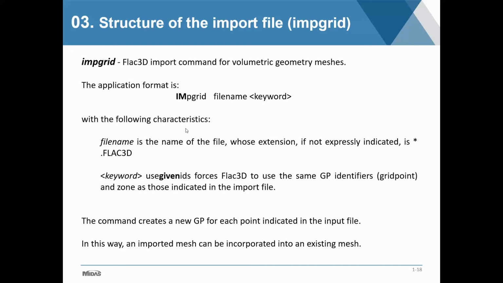The file name will have the extension .flac3d, and then the keywords have information about the IDs that identify the grid points or the elements, the nodes and the zones indicated in this import file, this Flac3D file. What the command does is read this information about the grid points and generate them in FLAC, and so it's able to import meshes, incorporating them even into already existing meshes.